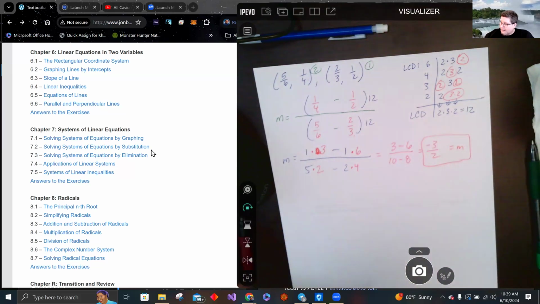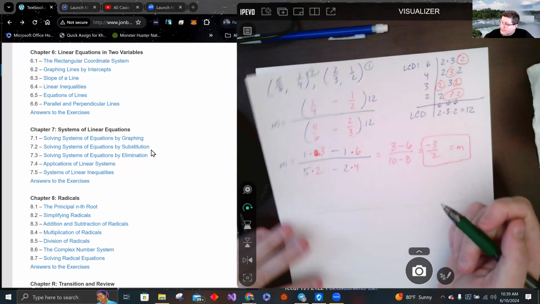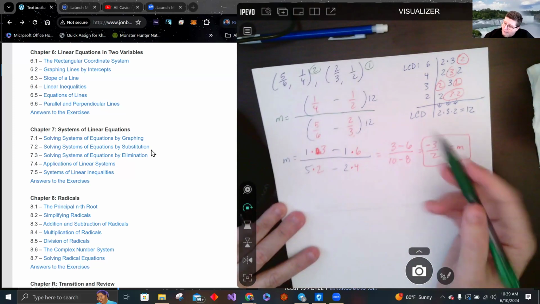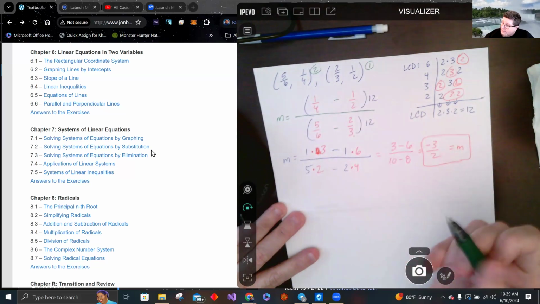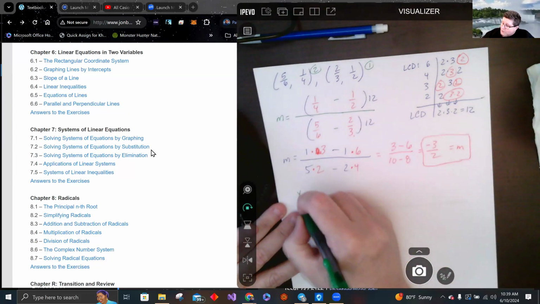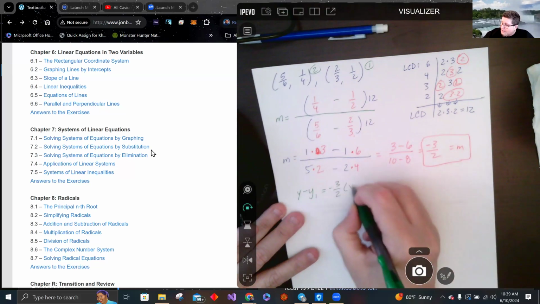I put a box around it like a fool because we're not done. We're just getting started. I'm probably going to use 1 because it's got smaller points. y minus y1 equals negative 3 halves x minus x1.